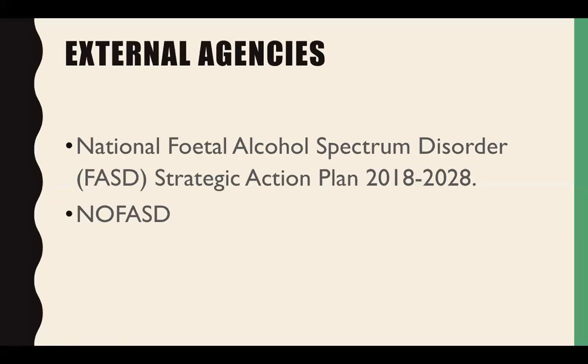The Australian Government has also implemented the National Fetal Alcohol Spectrum Disorder Strategic Action Plan from 2018 to 2028. The aim of this plan is to improve prevention, diagnosis, support, and management of FASD in Australia.